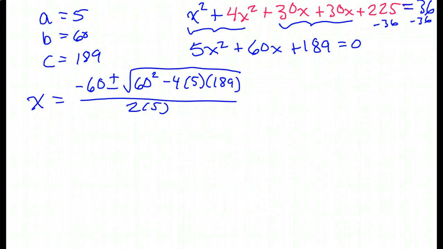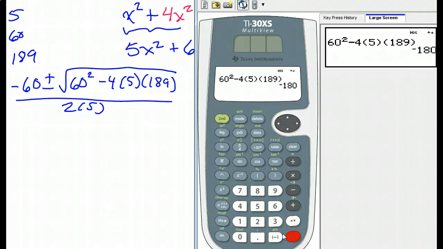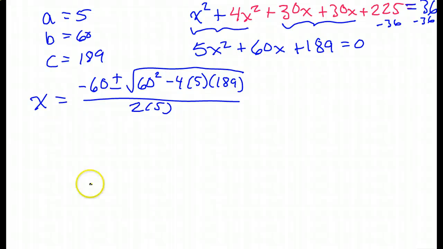Okay, to the calculator. I like to start with the part underneath the radical. So I'm going to do 60 squared minus 4 times 5 times 189. All right, let's see what's going on under the hood. Whoa, a negative. Negative 180. Slow down. Okay, that's a problem for me.